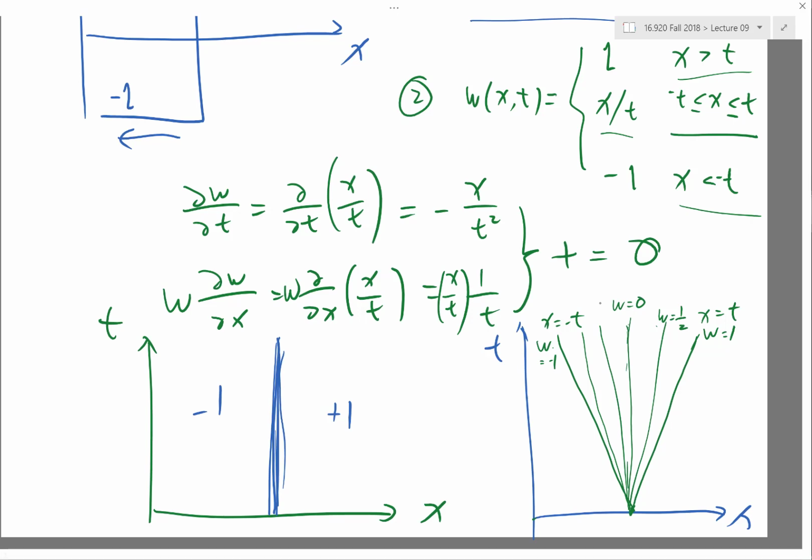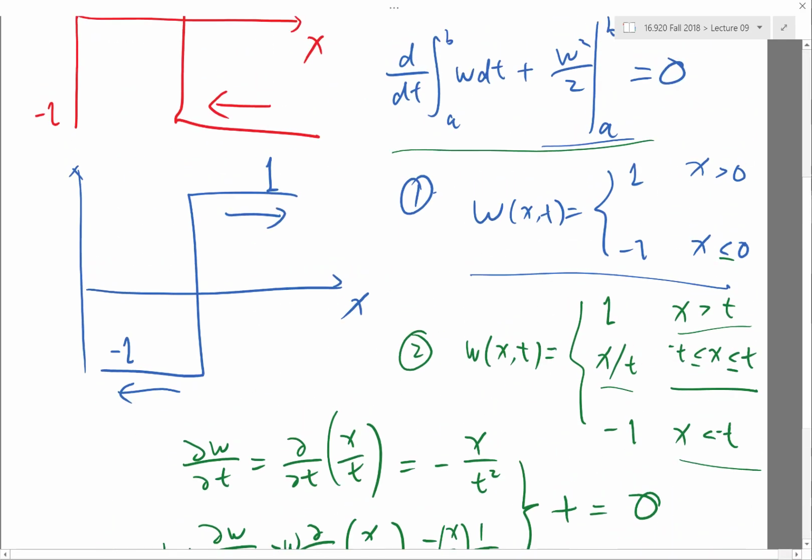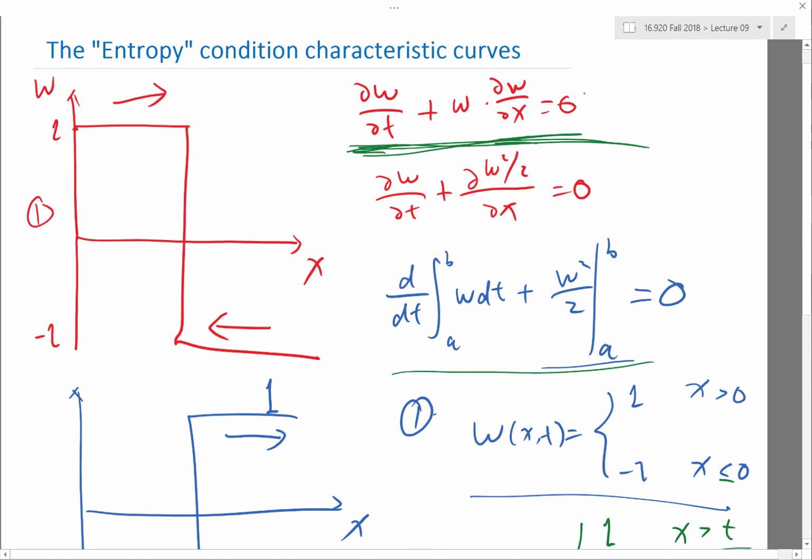The continuous solution actually is correct, because last time we said in a real physical system, I would have an infinitesimal amount, let's say epsilon, times a second order derivative.